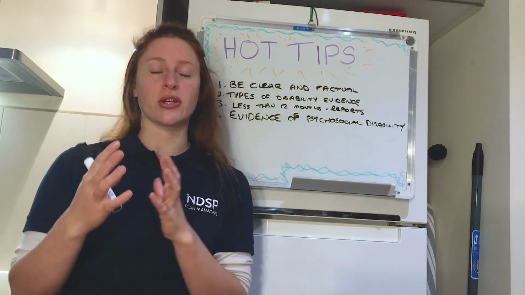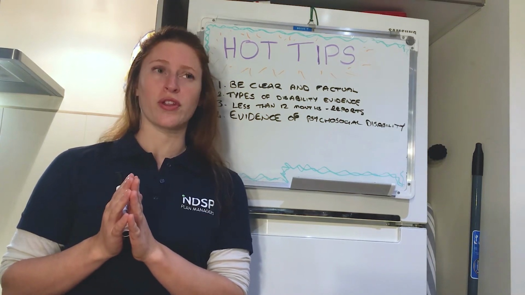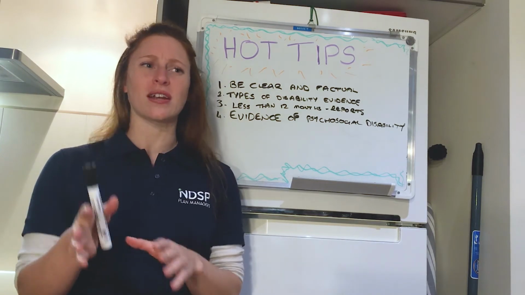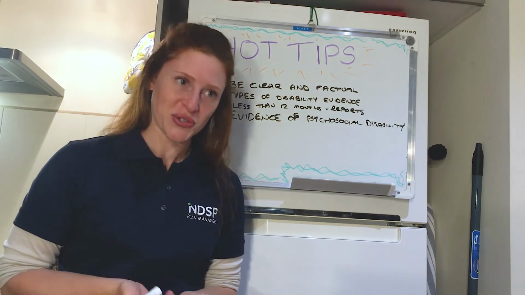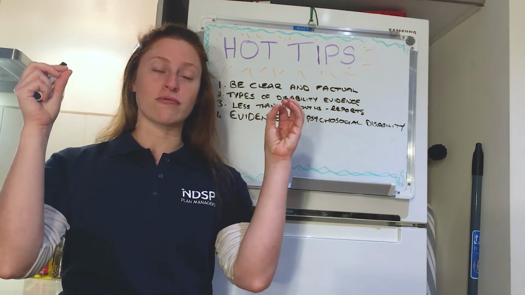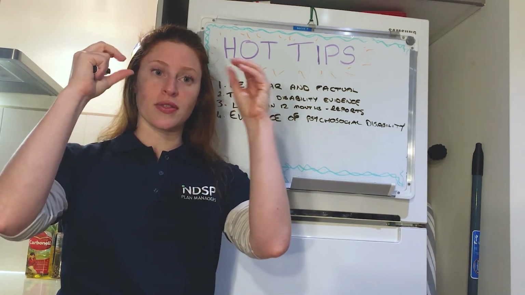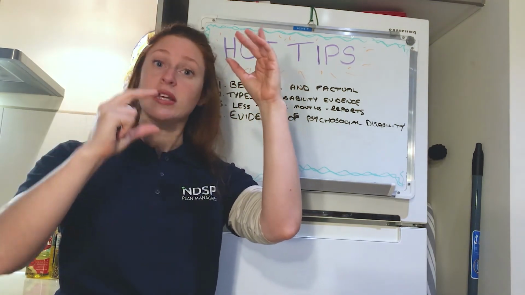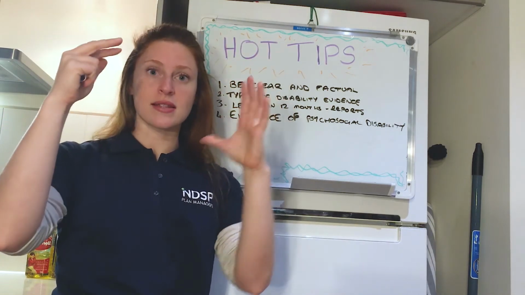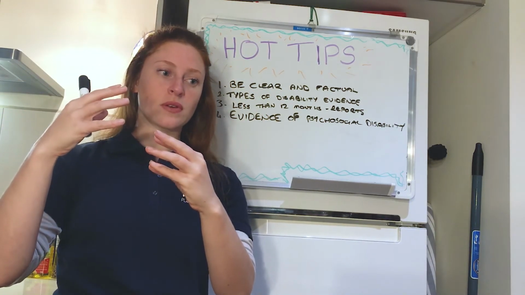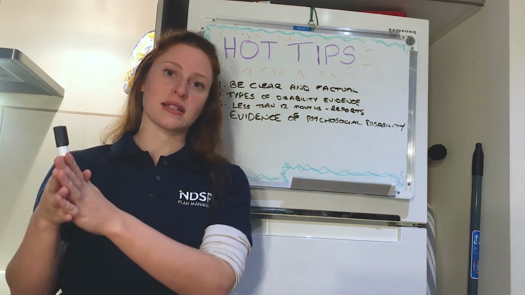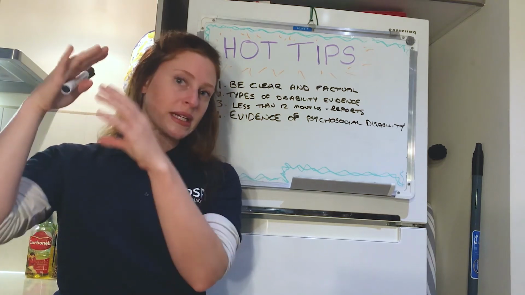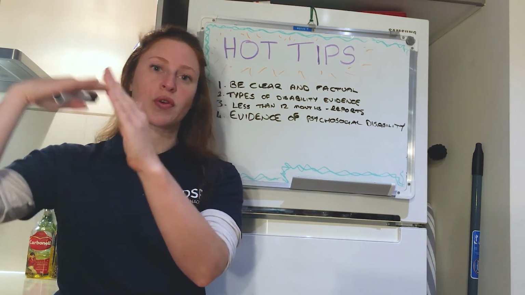So you're setting yourself up for quite an uphill battle with your own evidence if you're listing so many different ones. And I'm not saying don't list secondary diagnoses. It's about making really clear that they're distinct, and that individually each one is permanent, and that individually, or even combined, they can have that substantial impact, but you have to make it clear that none of them could be treated to the point where the impact's not there.